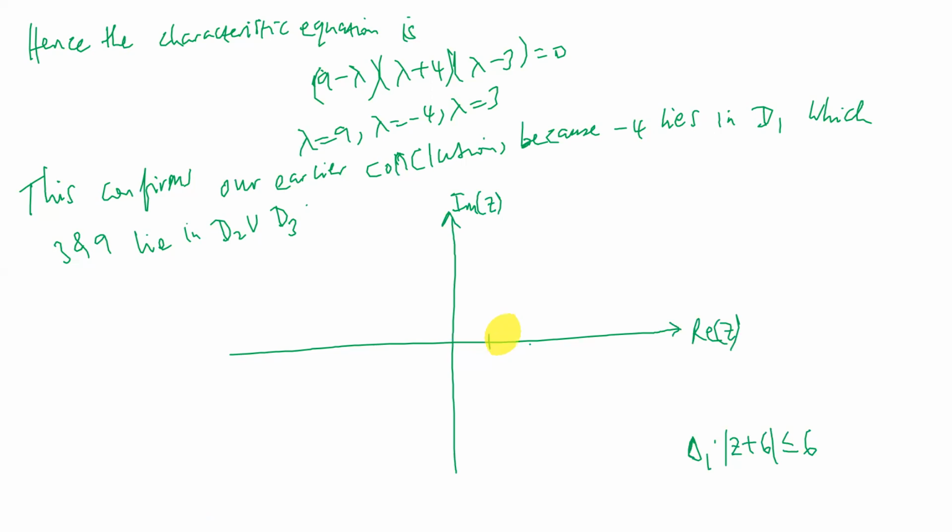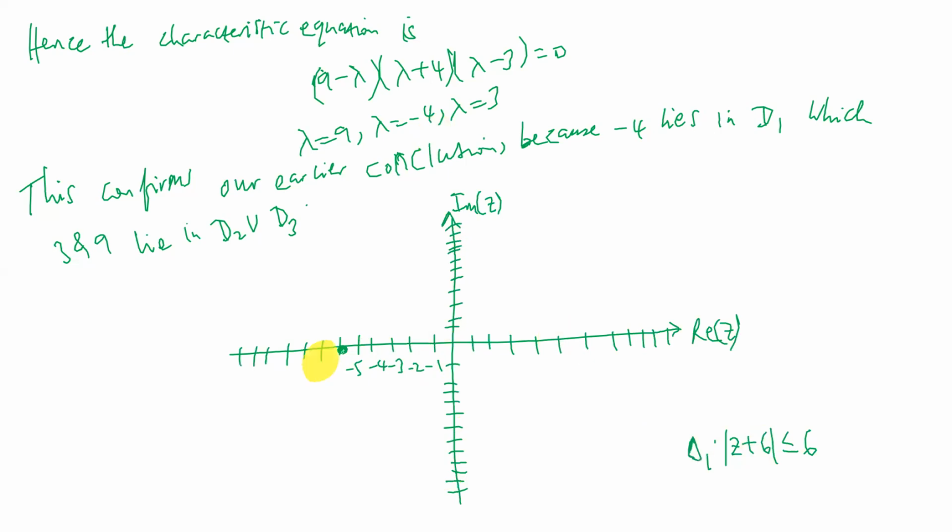So you have minus 6, because it doesn't have an imaginary part.